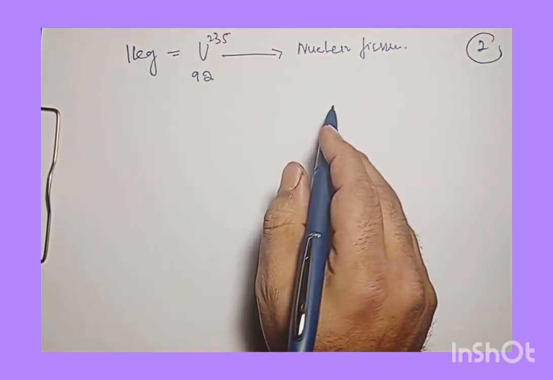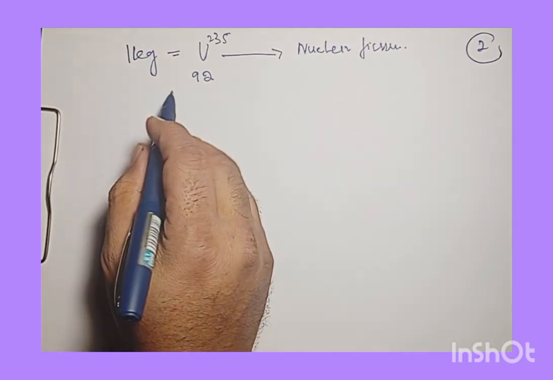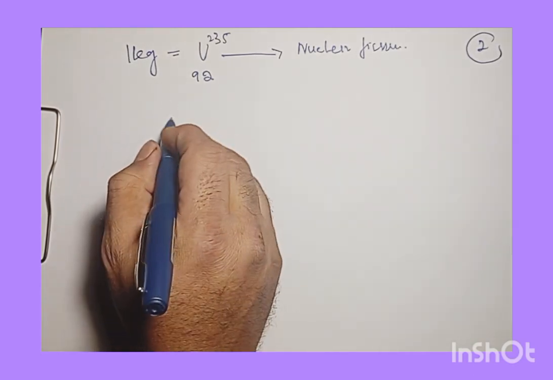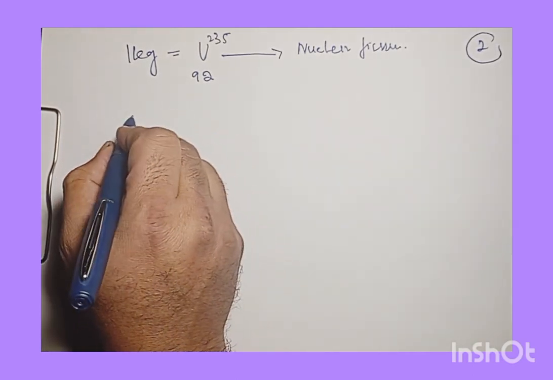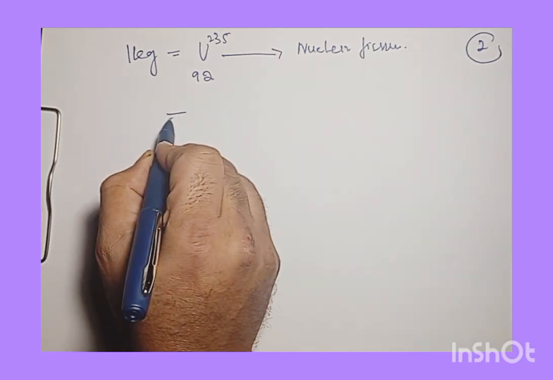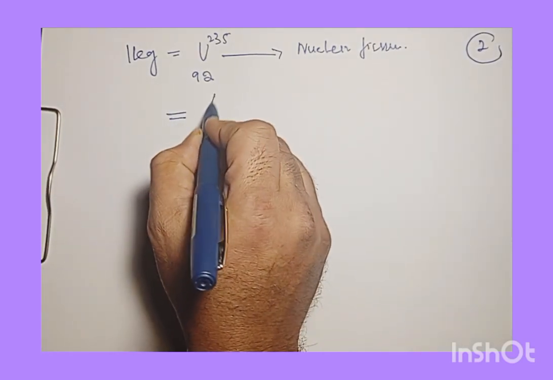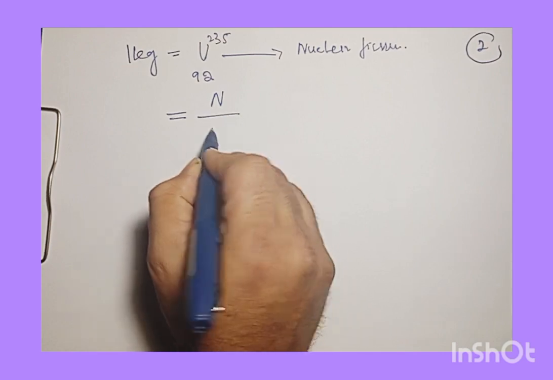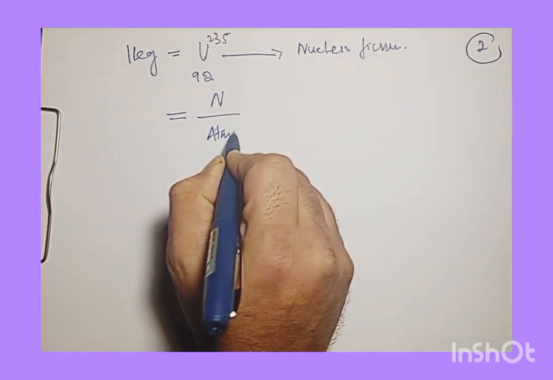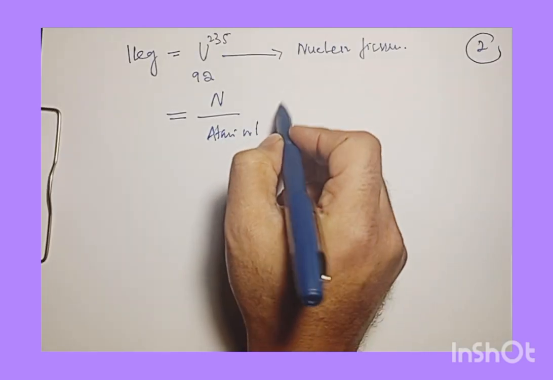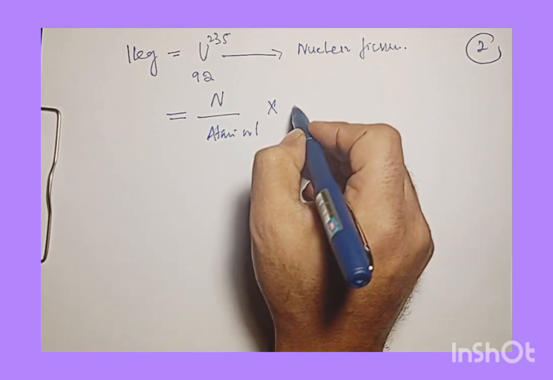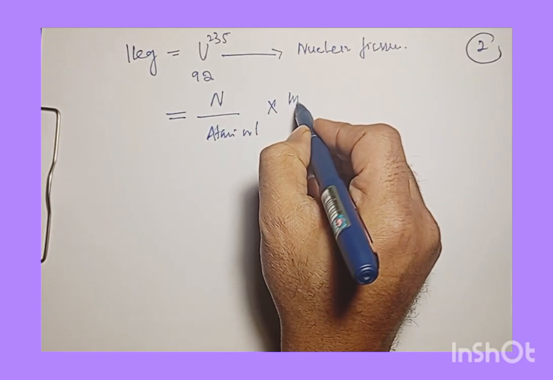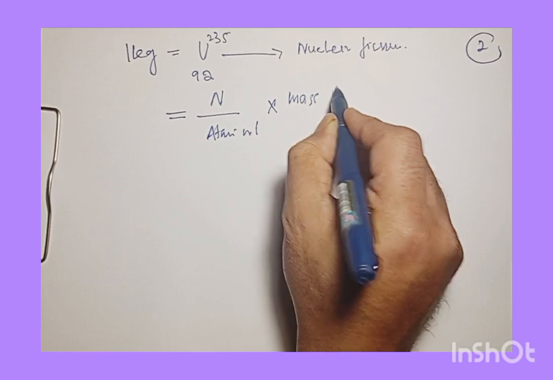So to calculate the number of atoms in 1 kilogram, what we need is Avogadro's number. We will have Avogadro's number divided by the atomic weight of uranium, and we'll multiply it by the mass, say in grams.